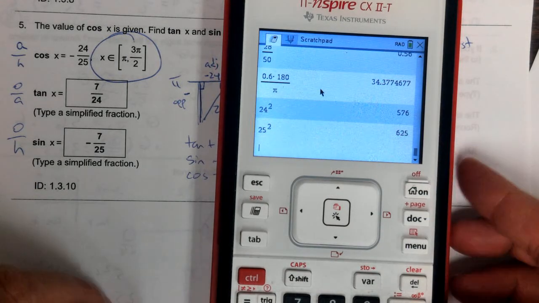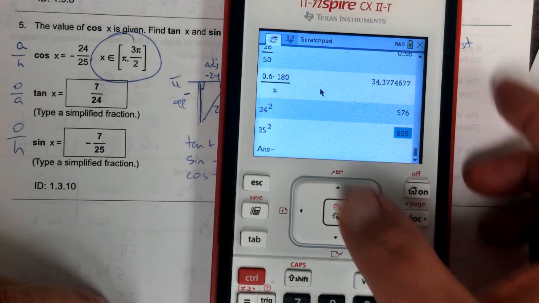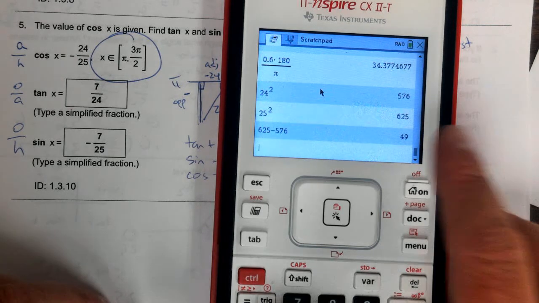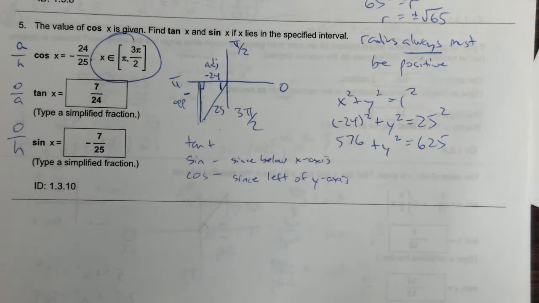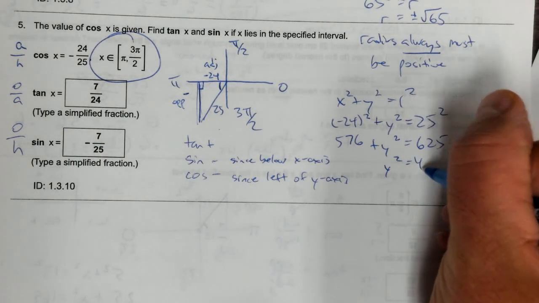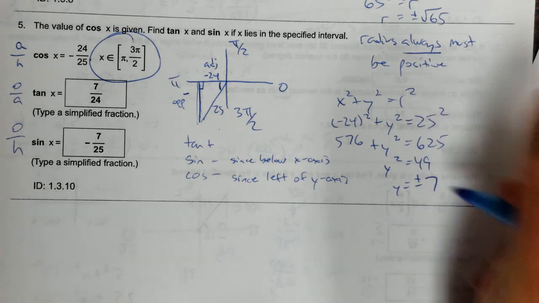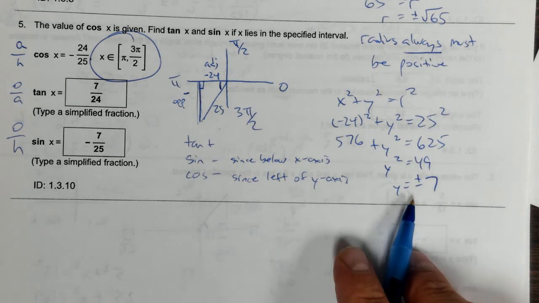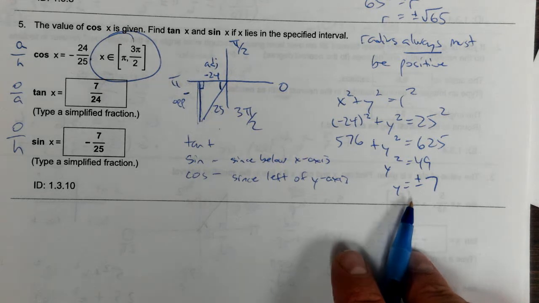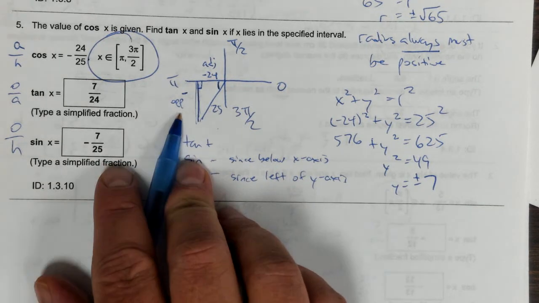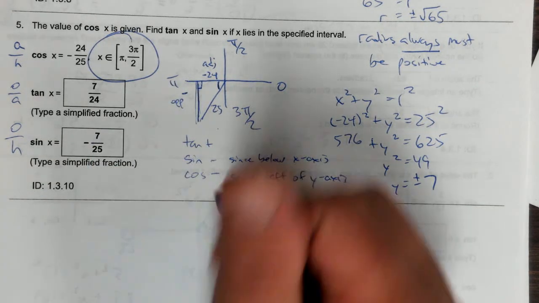Then minus that one, 49. Y squared equals 49, y equals plus and minus 7. Oh, so it could be either one. Which one is it? Where am I? I'm down here, so it's got to be negative 7.